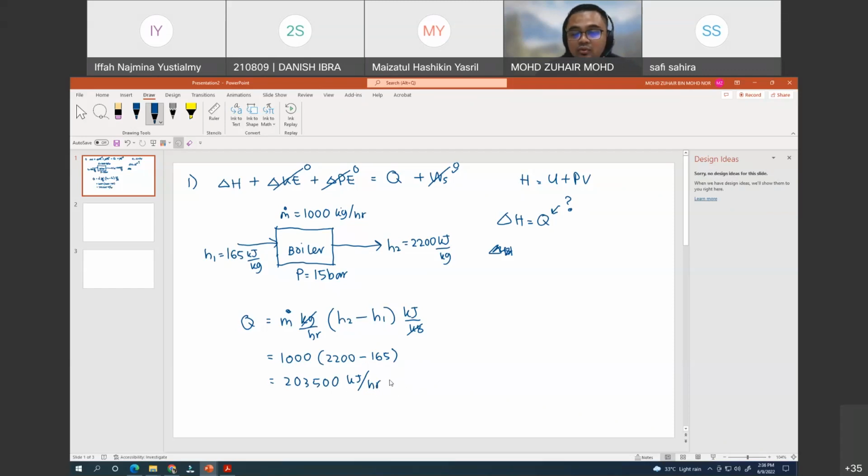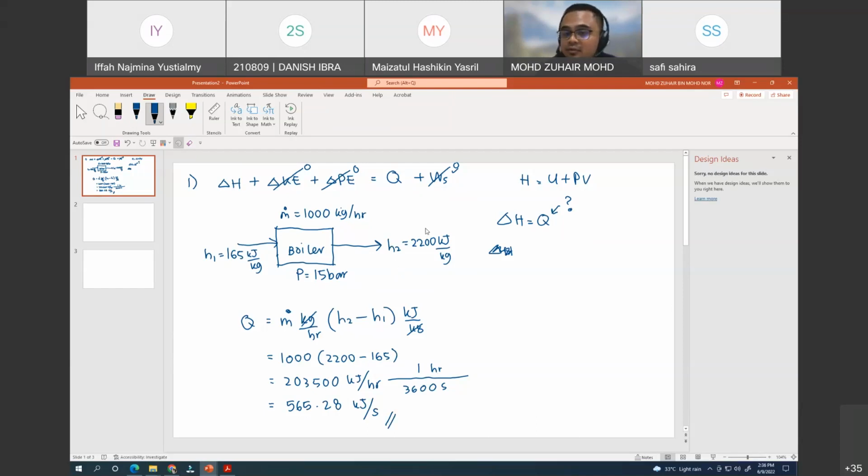So we are going to times 1 over 3,600 second. So at the end, we're going to get the final answer of 565.28 kilojoule per second. So question number 1 is very simple, very easy.